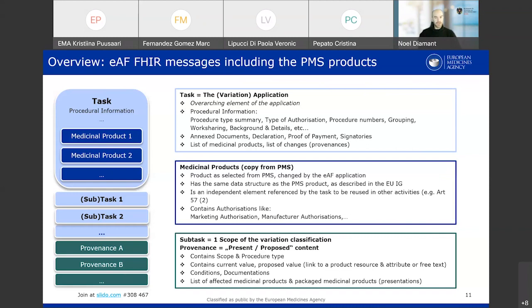So all those authorizations that are specific to medicinal products are in here. We'll see just in a bit. There are other authorizations that are procedural information, and they're within the task.